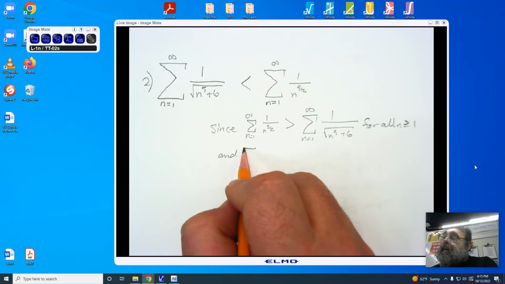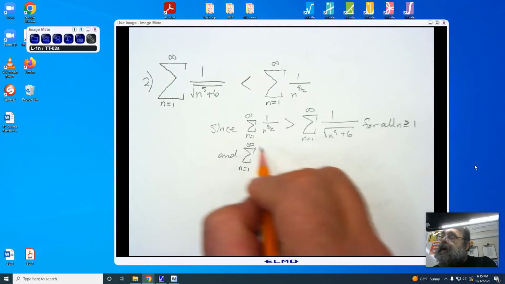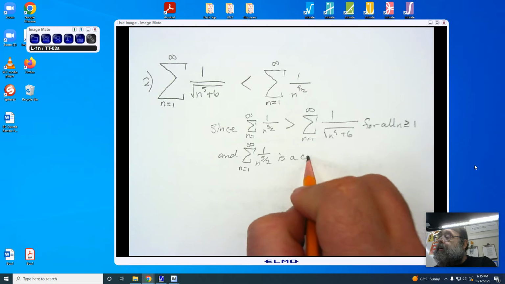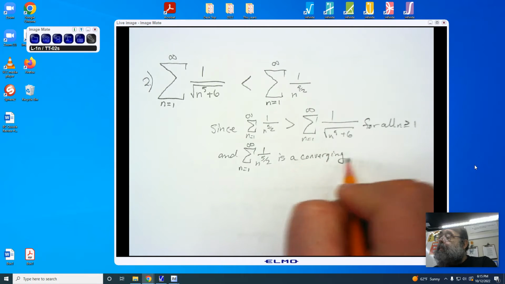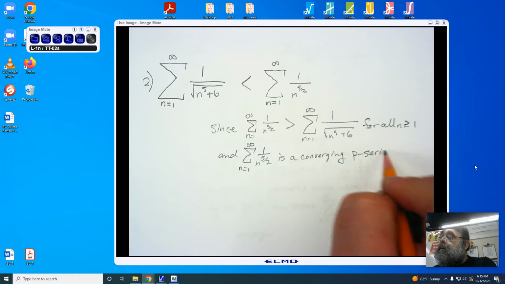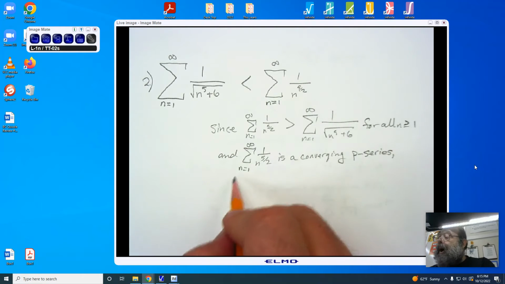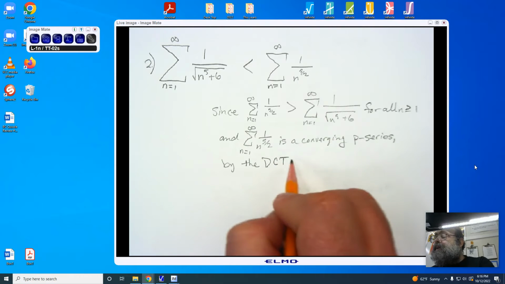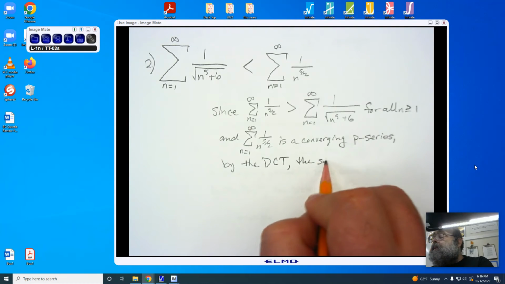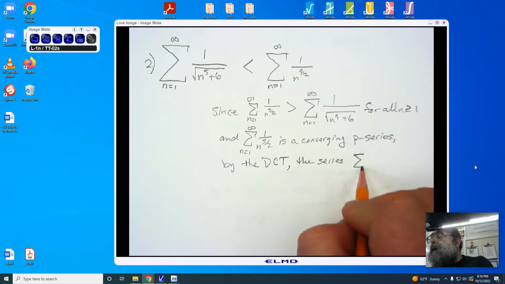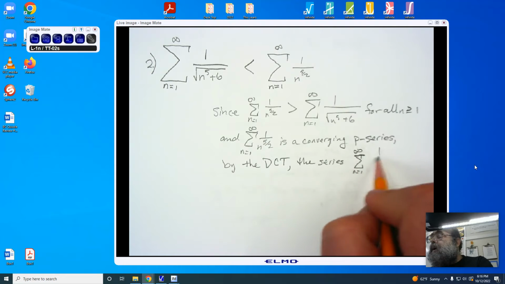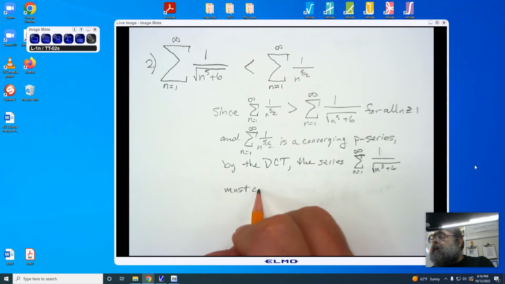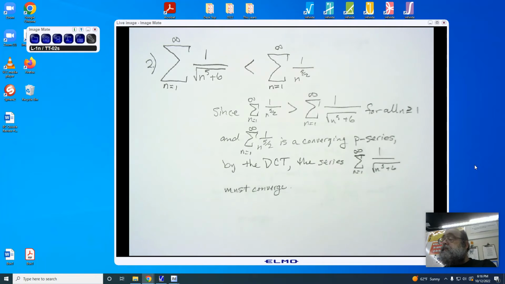And the summation from n starting at 1 to infinity of 1 over n to the 5/2 power is a converging p-series, by the direct comparison test, the series summation n starting 1 to infinity of 1 over the square root of n to the 5th plus 6 must converge. We're done.